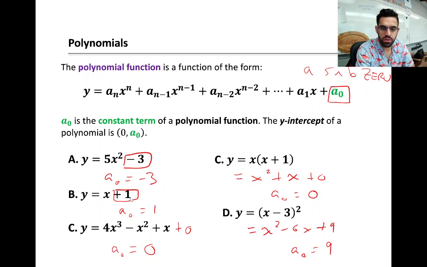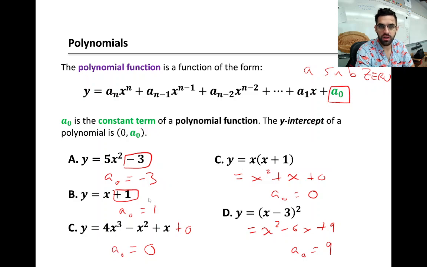Example B, we have a plus 1. So a sub 0 is 1 from our formula, which makes this the constant term, and it means our y-intercept for this function would be at 1. That one's a little more familiar because this is also a linear equation with a y-intercept of 1. y equals mx plus b, right?